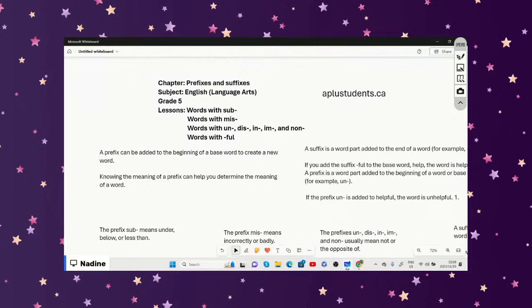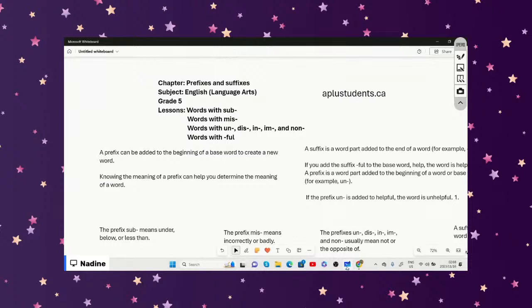All right, so our chapter for today is prefixes and suffixes. Our subject is English language arts, grade 5.